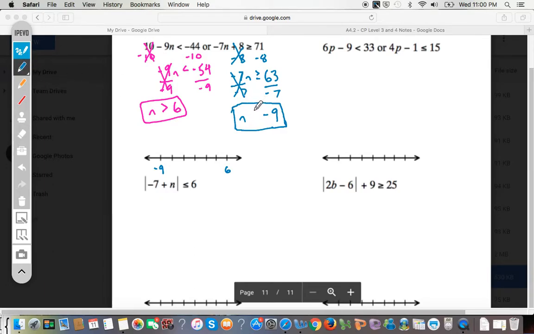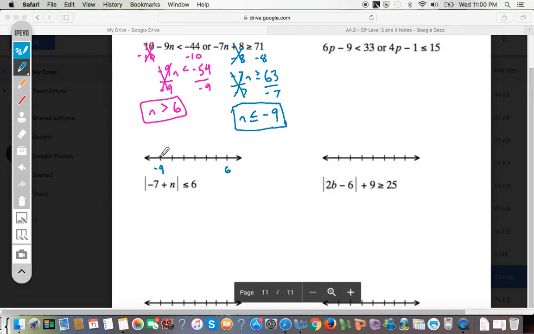So let's do it now. So always go back and double check your work. I'm looking for quality, not quantity. So I have n is less than or equal to negative 9.